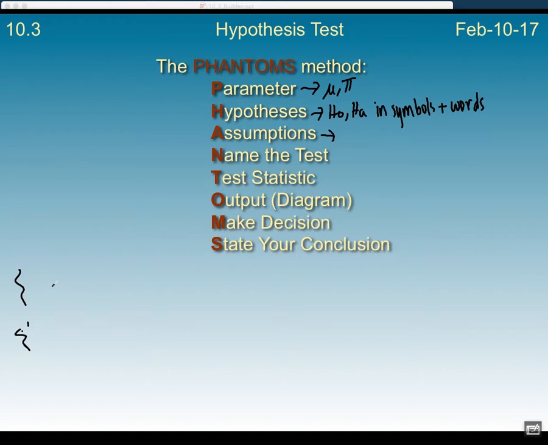You still have assumptions to check. The assumptions are similar to the assumptions for PANIC. There's just one small change. For naming the test, so under N, you need to tell me the number of tails, the test name, the table that you used, and alpha.